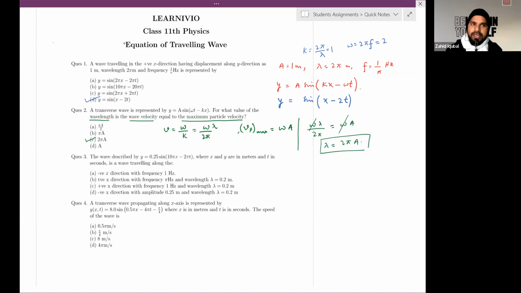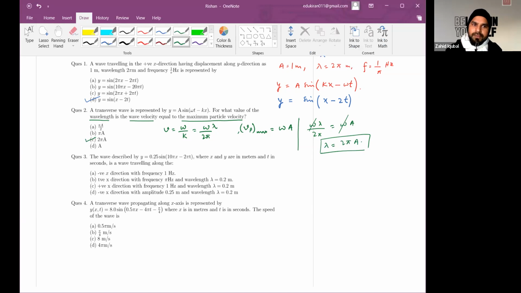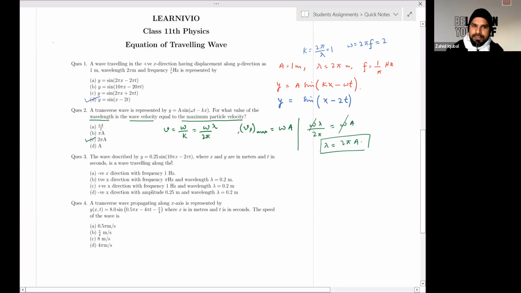In the third question, we have a wave described by 0.025 sin(10 pi x minus 2 pi t). So from this equation, we can say A is 0.025, 10 pi is nothing but k, and omega is 2 pi.